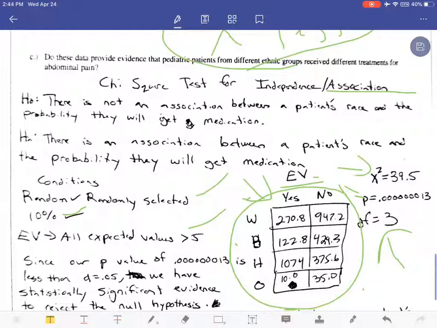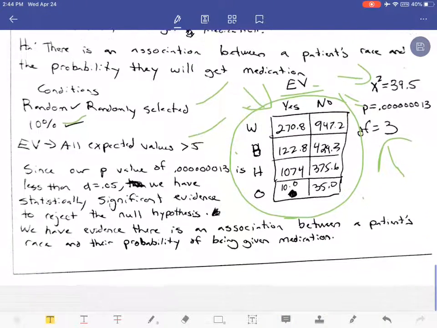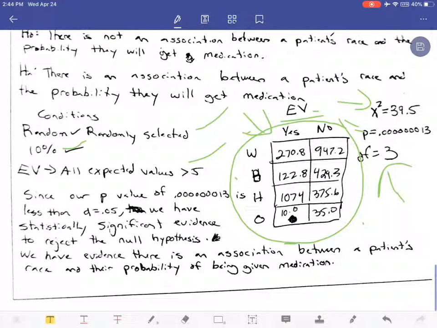Now, we don't know exactly why. There's dozens of reasons that could be contributing to that, but we know there is an association. If we wanted to go further in depth on why that is, that'd be another study that we could do. But our interpretation is just dealing with whether there is an association or not. This is a test of association.